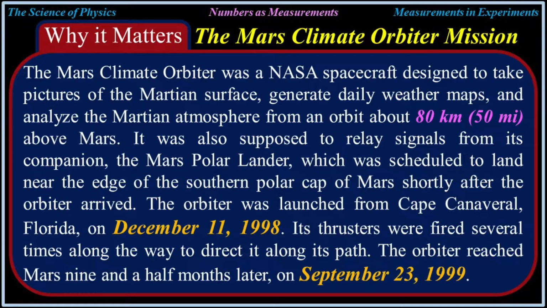It was also supposed to relay signals from its companion, the Mars Polar Lander, which was scheduled to land near the edge of the southern polar cap of Mars shortly after the orbiter arrived. The orbiter was launched from Cape Canaveral, Florida on December 11, 1998. Its thrusters were fired several times along the way to direct it along its path. The orbiter reached Mars 9.5 months later, on September 23rd, 1999.